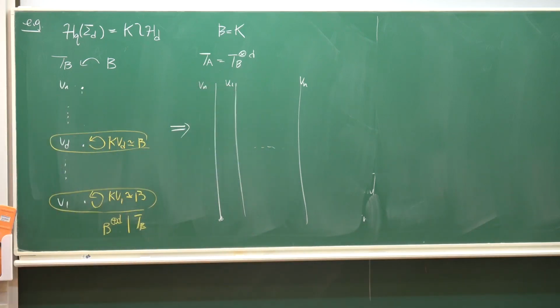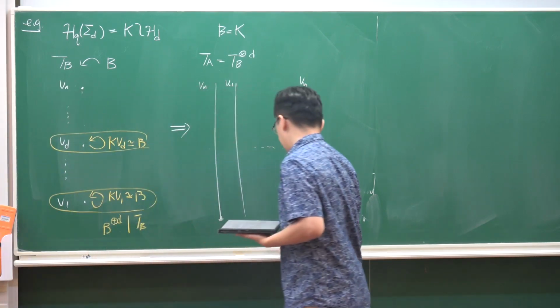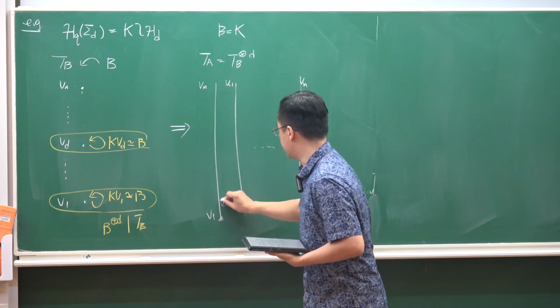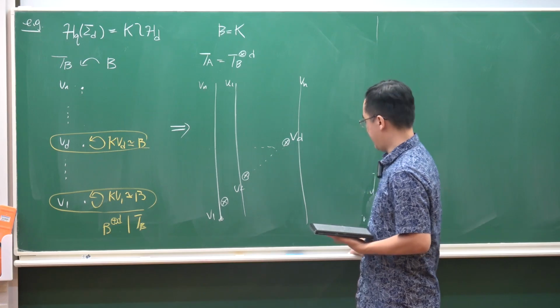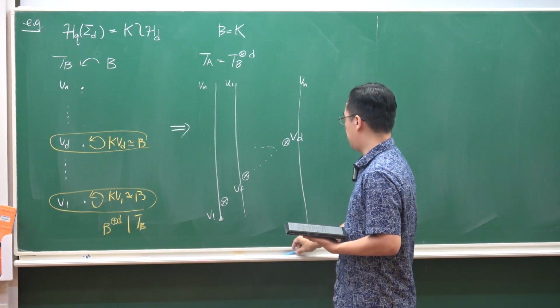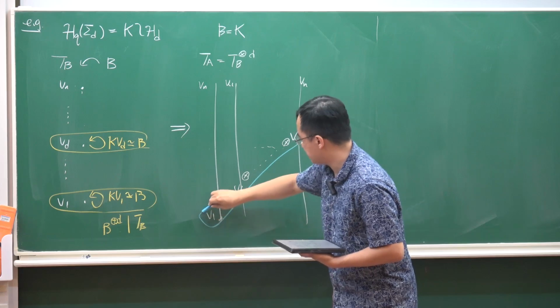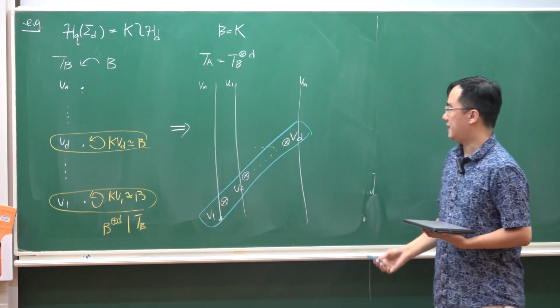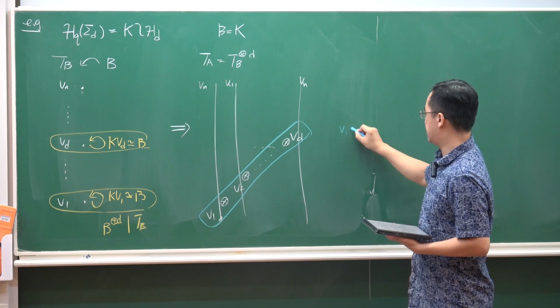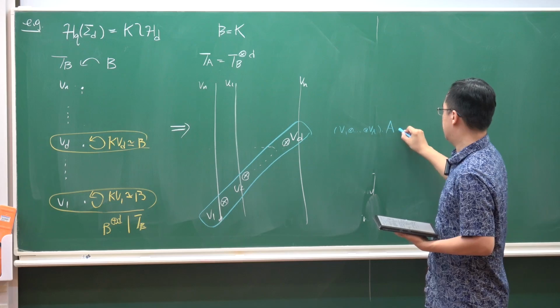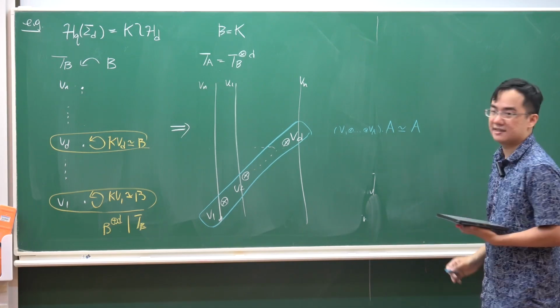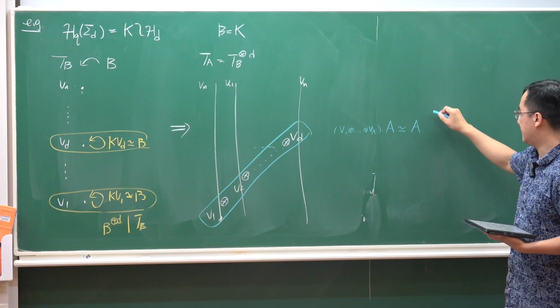I think I need a different color. So I have V_1 tensor V_2 tensor, all the way up to V_d. This is an element in the d-fold tensor, and I want to generate an A-module using this. And I can show that this provides the splitting that I need inside TA.